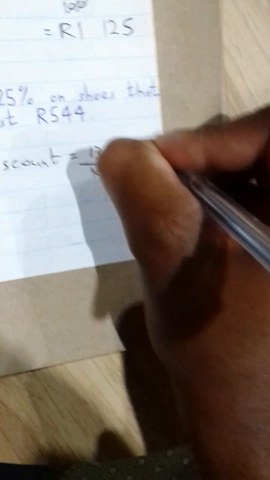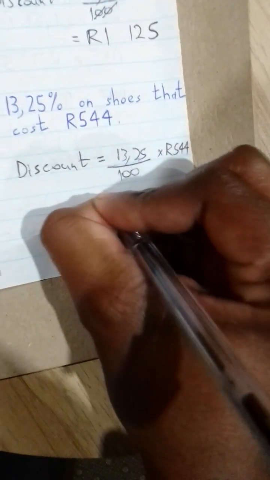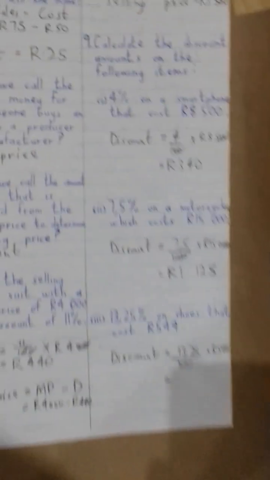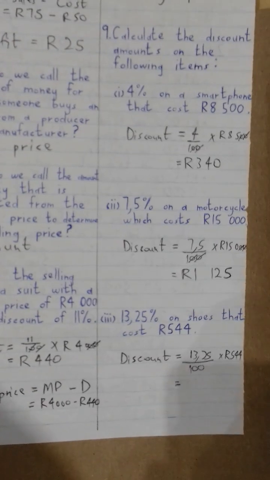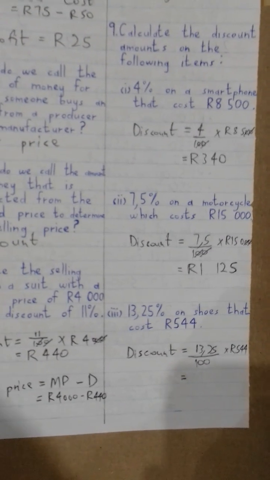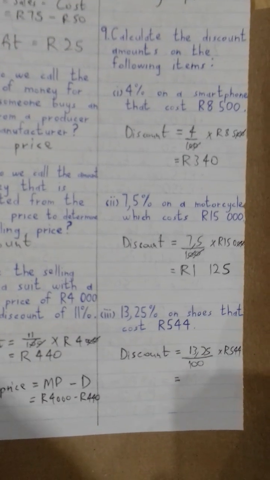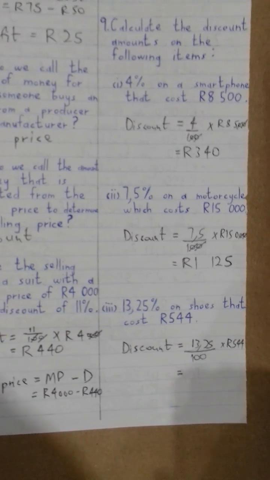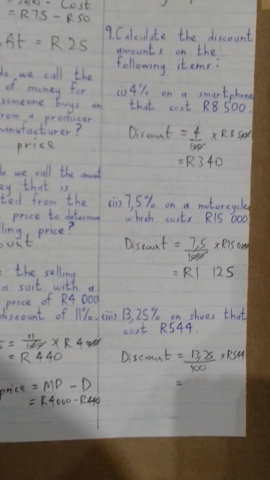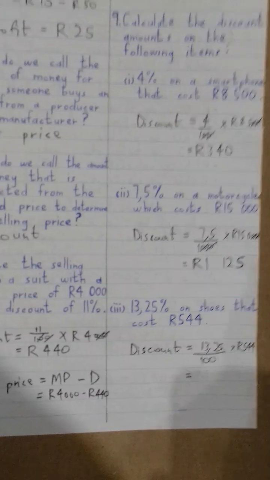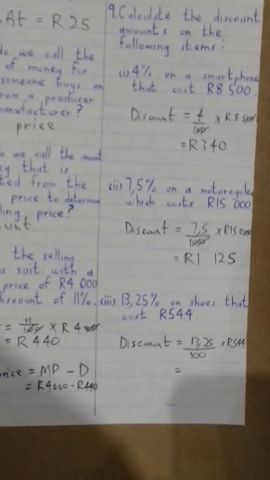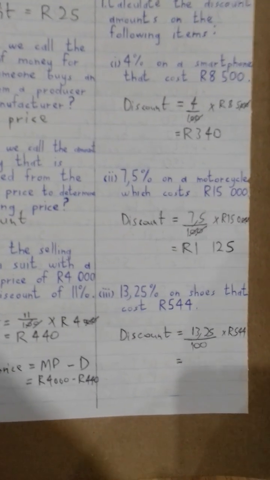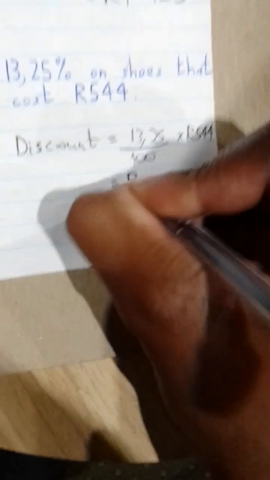So here it's going to be 13.25 divided by 100 times 544. 72 rands and 8 cents.